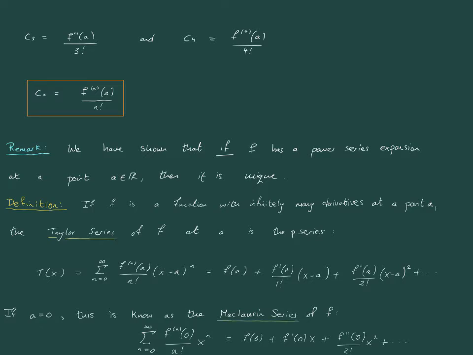And again, if you read the first line of the definition, it's very important that f has infinitely many derivatives at a. Otherwise, this makes no sense, because if you look at the definition of Tx, we have f differentiated n times, and n goes on to infinity. Okay? So the infinite amount of derivatives is very important.